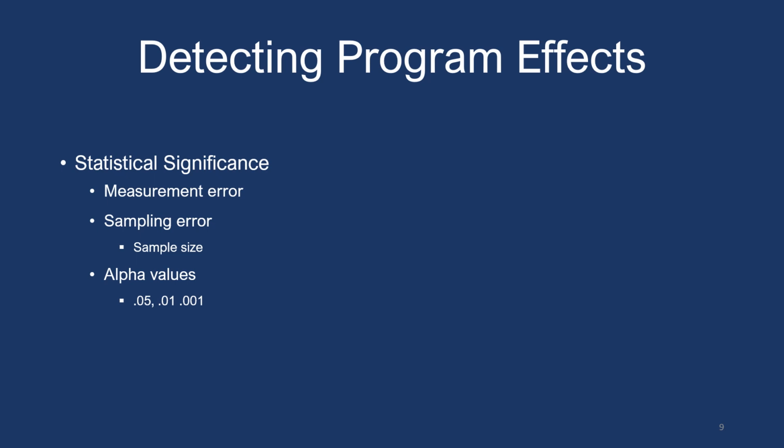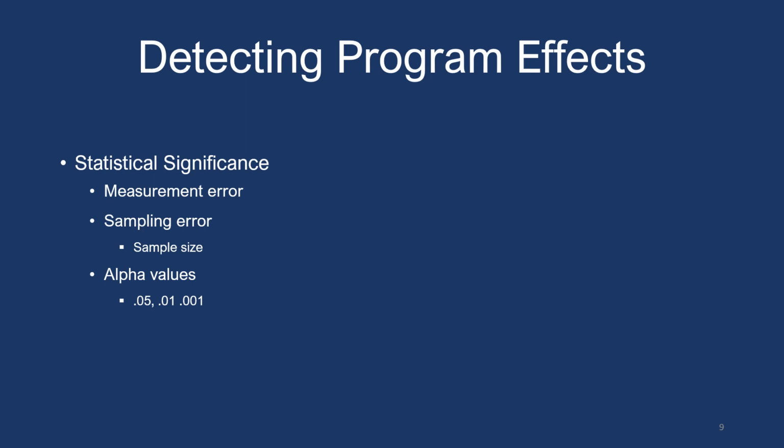Traditionally, tests of statistical significance produce what is called an alpha value, which ranges from 0 to 1. Alpha values that are less than 0.05 are typically deemed statistically significant, although this level can be made more stringent by looking for values that are less than 0.01 or even 0.001.